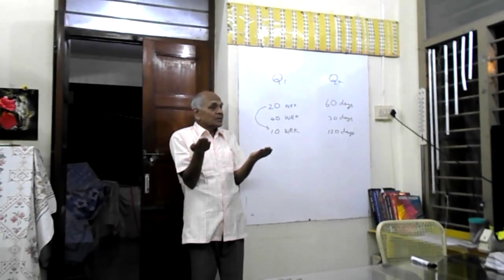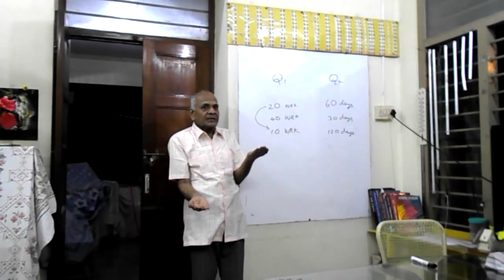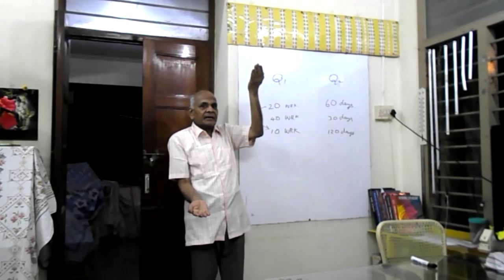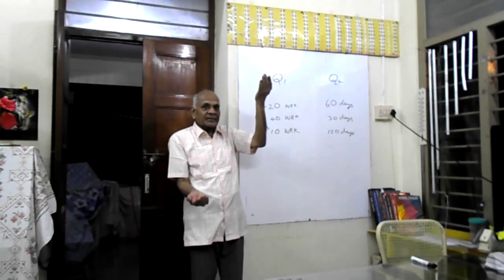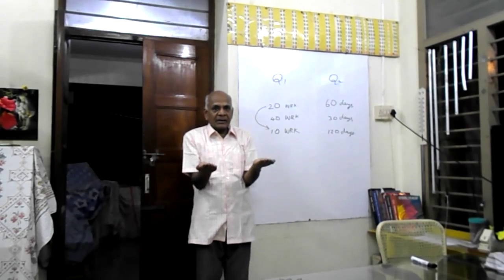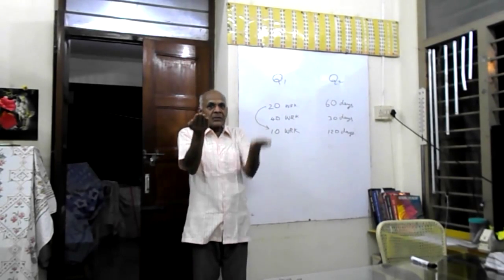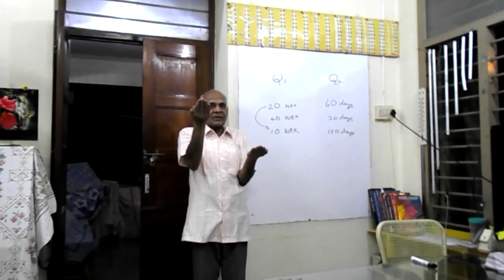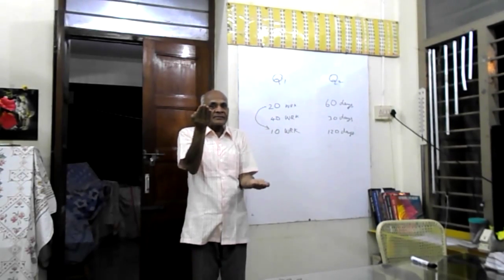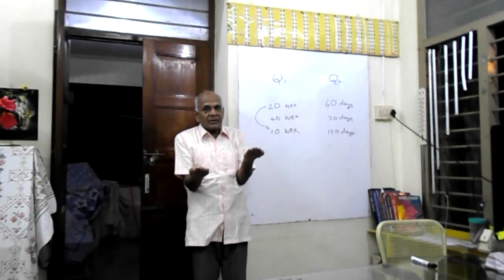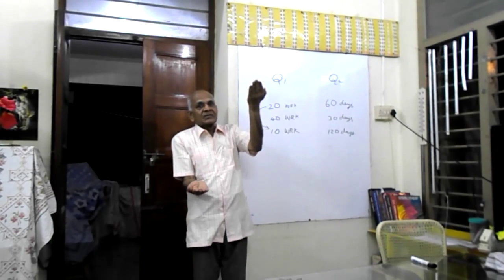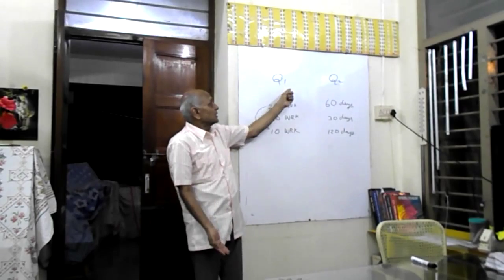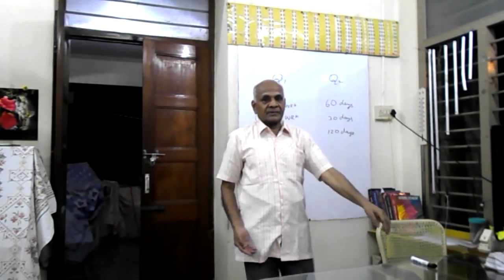When quantity 1 is halved, quantity 2 is doubled. They operate in the opposite way. In the directly proportional, when quantity 1 is doubled, quantity 2 is doubled. In the inversely proportional, when quantity 1 is doubled, quantity 2 is halved. When quantity 1 is halved, quantity 2 is doubled. So this type of relationship is called inversely proportional.